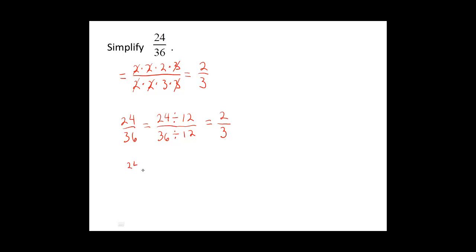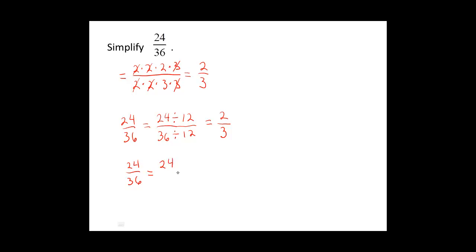We can also simplify this problem in another way. Let's say we don't know what the greatest common factor is, but we do know a factor that divides both 24 and 36. I can see that they are both even numbers, and I know that even numbers are divisible by 2.